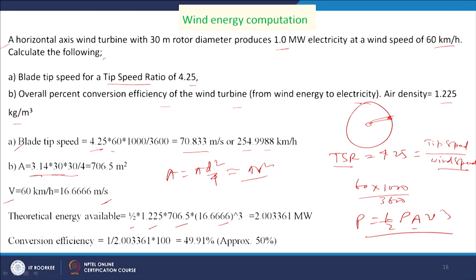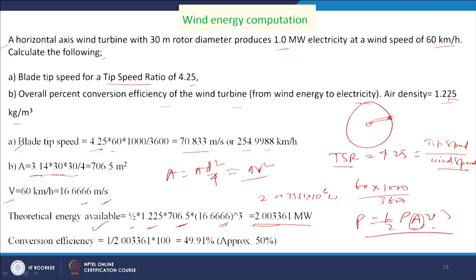So, that area we will get here and put this value here, the rho value is given here and the V value I have calculated here. By putting these expressions we are getting the available energy in the wind equal to half into rho into A into V cube. So, this will be 2.003361 into 10 to the power 6 watt, that is megawatt we are getting.